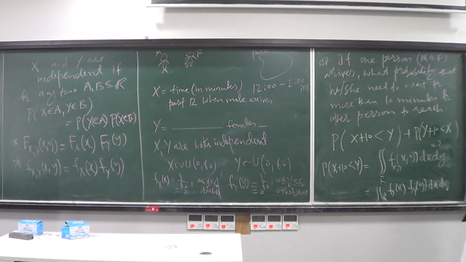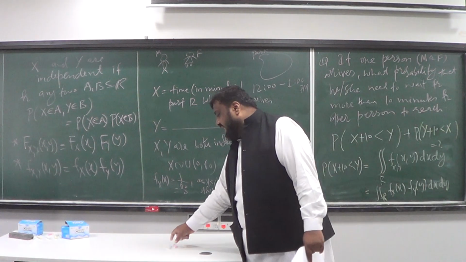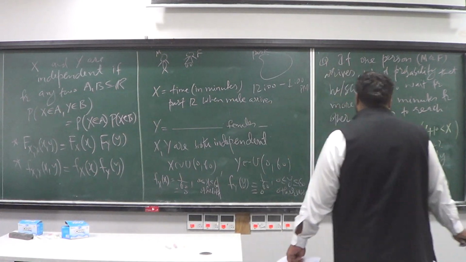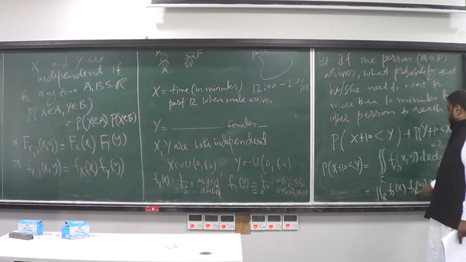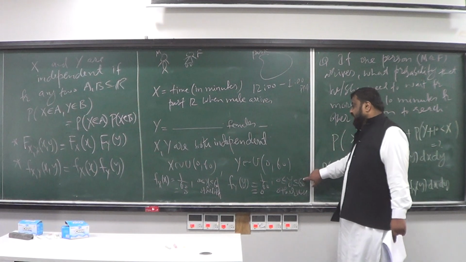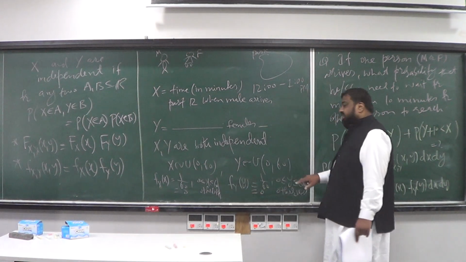We have to take care of two things. Number one, these are non-zero in these two intervals, when X is between 0 and 60 and Y is between 0 and 60.